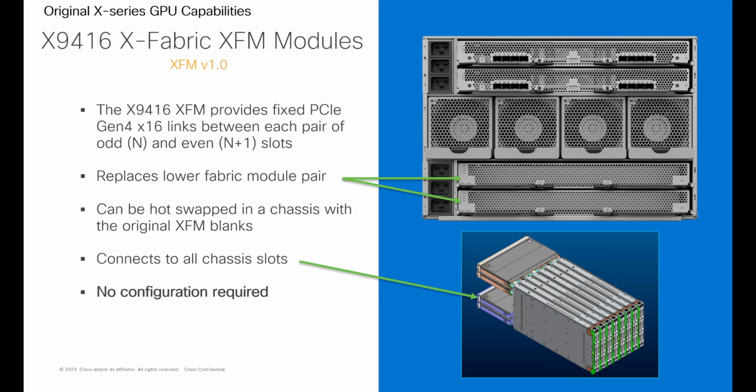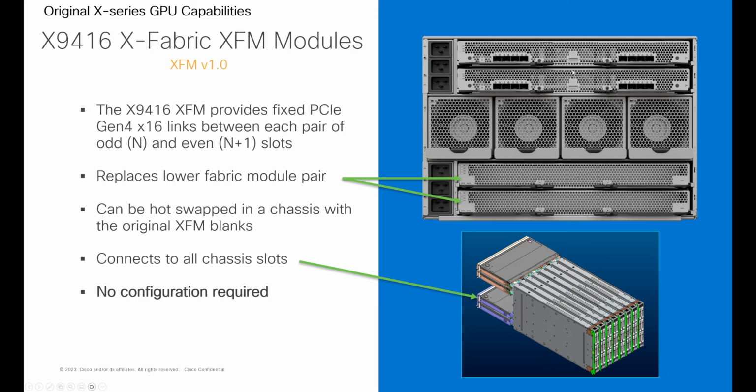There's no external connectivity. There's external connectivity up here with the IFMs, so let's talk about that real quick. But there's no external connectivity from an XFM perspective. So all of the east-west traffic between compute node and GPU node has to happen within a single chassis.